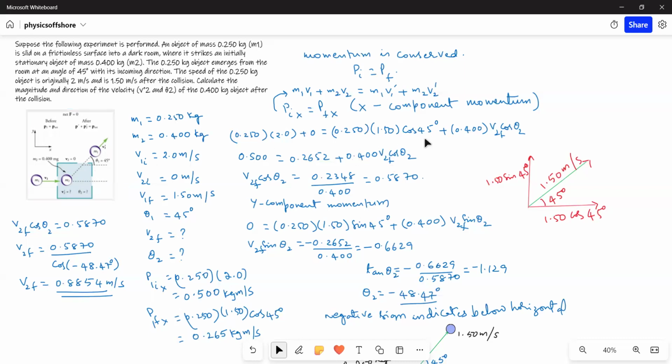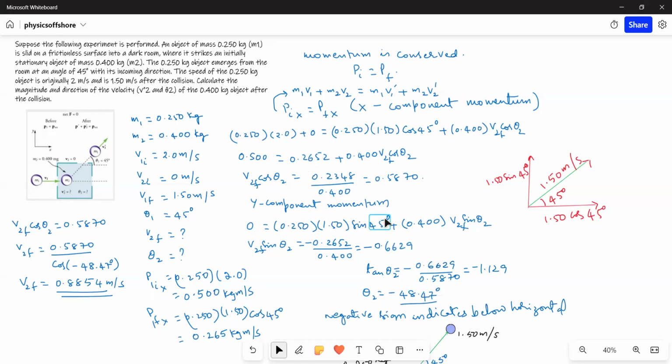And then for the second object, we don't know, so we will take 0.4 into V2F cos theta 2. On solving this, we get V2F cos theta 2 is equal to 0.5870.